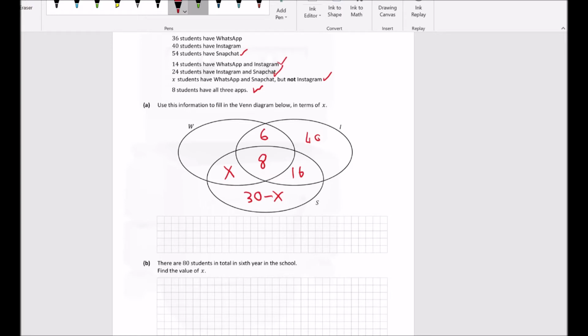So that's 30, so we're left with 10 students just having Instagram. And 36 students have WhatsApp, but we're already after counting 8 of them, and 6 of them, and X of them. So it'll be 36 minus 6 minus 8 minus X, and that'll be 22 minus X.